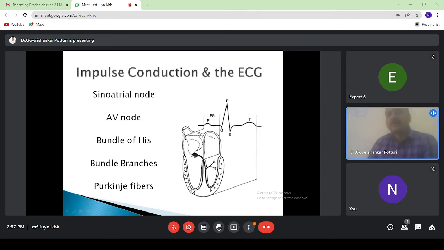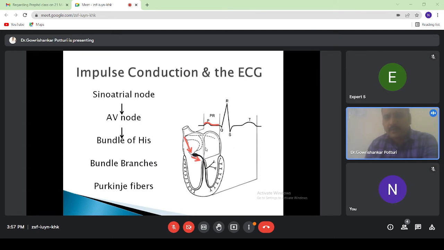Now, impulse conduction and how the graph appears. When the impulse is generated at the SA node and it travels to the AV node and bundle of His, that means atria are depolarized, you get a P wave. Carefully understand. From sinoatrial node to atrioventricular node to bundle of His, atria are depolarized.